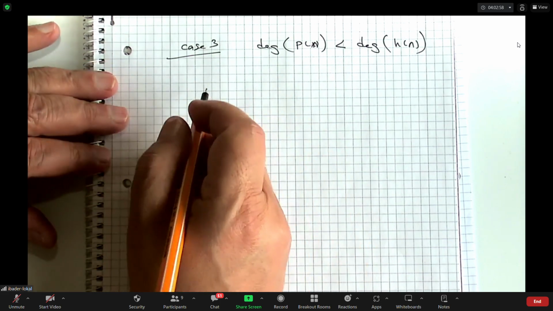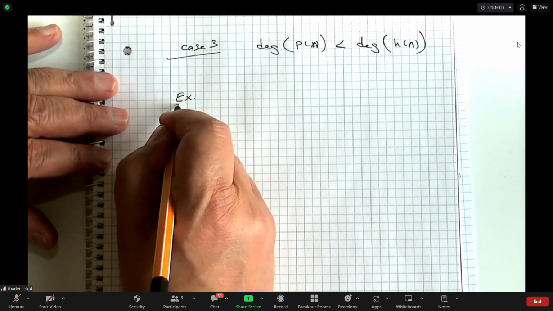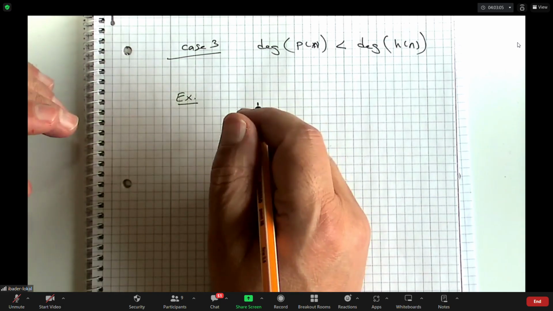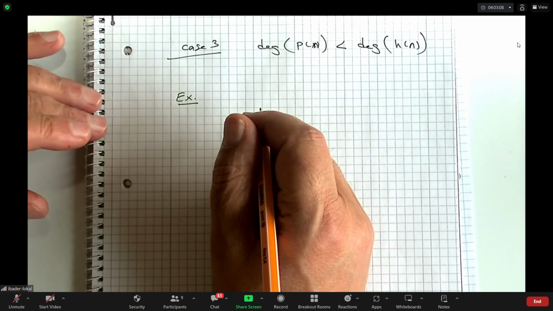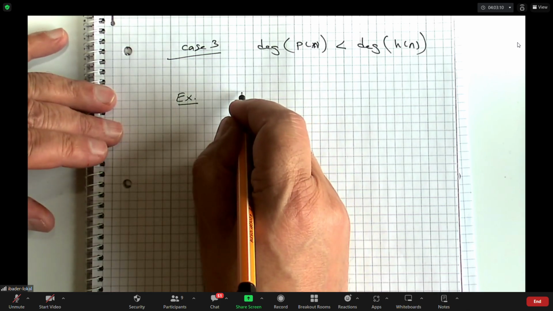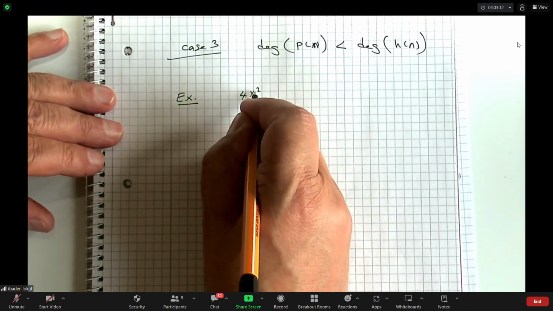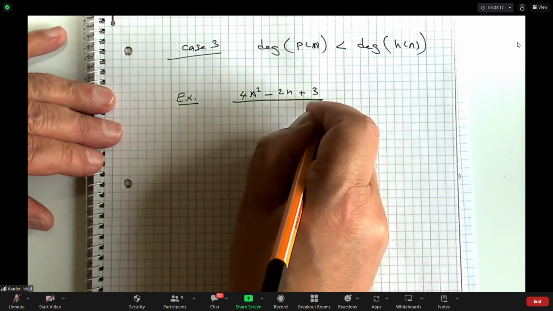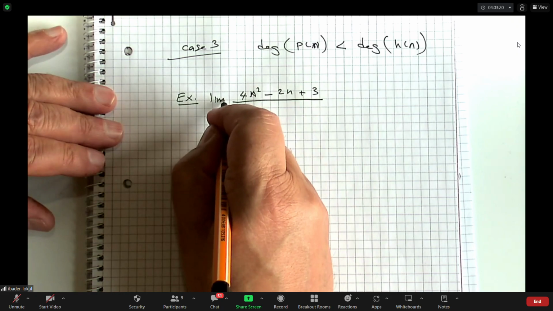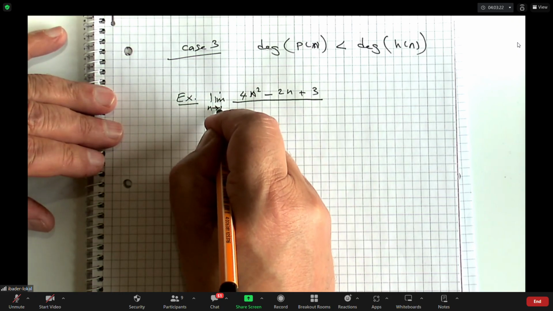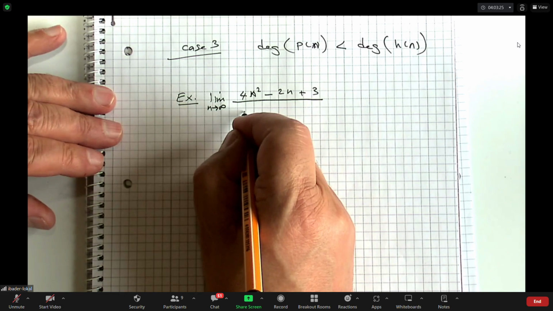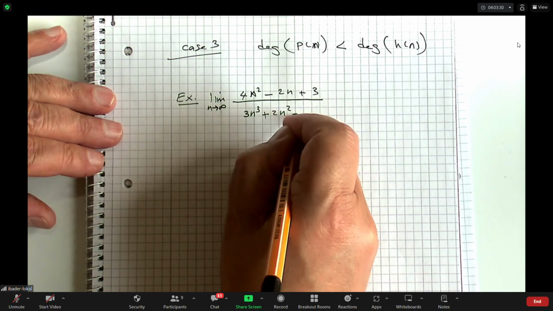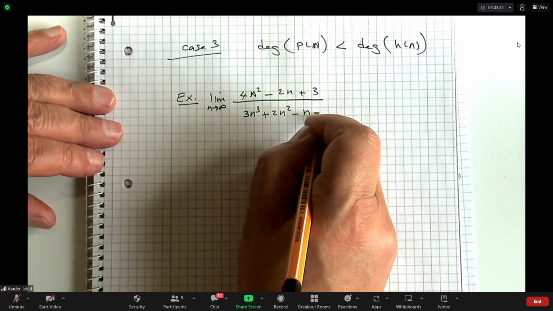Now, let's take an example again here, and maybe we take something similar to the previous example, but with numerator and denominator switched. Let's say here, for instance, the limit as n approaches infinity of 4n squared minus 2n plus 3 over 3n cubed plus 2n squared minus n plus 5.